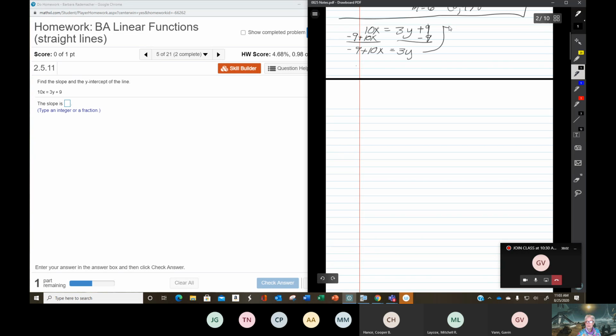So let's turn it around. 3y equals 10x minus 9. And so I'll divide by 3. And actually, since I'm going to end up separating them anyway, I usually just skip a step and do that.